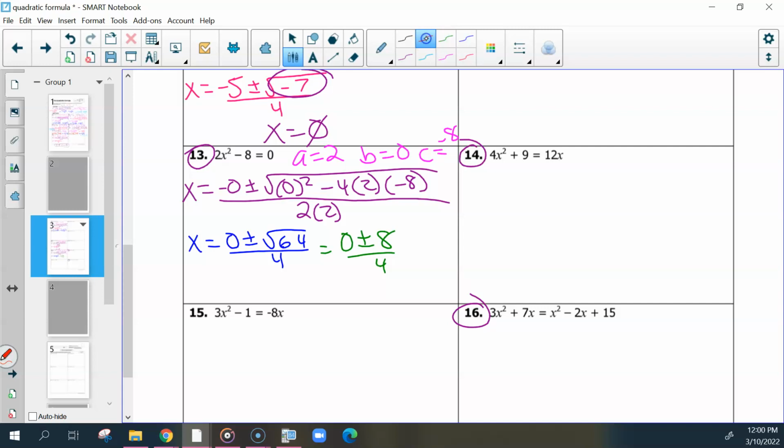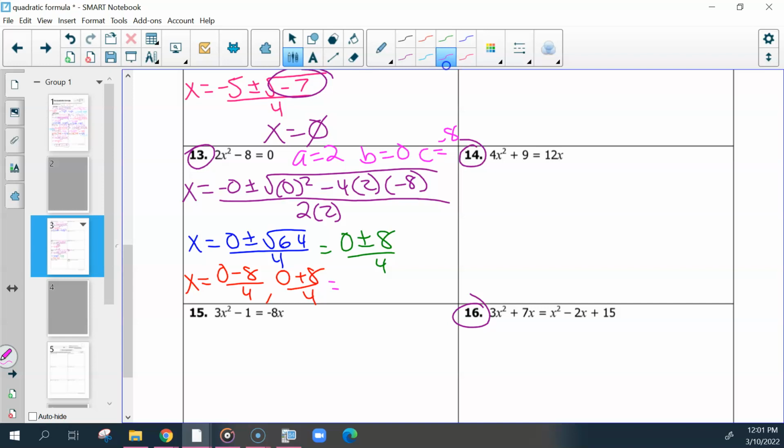So our two solutions start to look like this. 0 minus 8 over 4, and 0 plus 8 over 4. The reason we leave that 0 is to remind us what we're doing to the 8. That way we can simplify it.